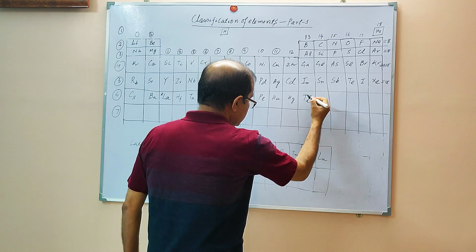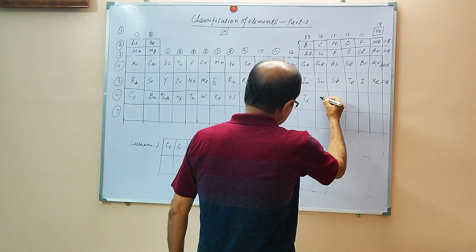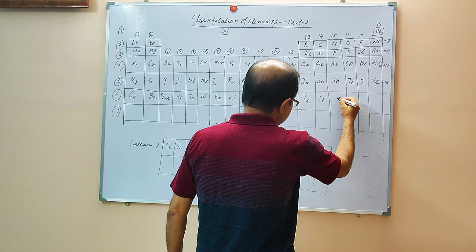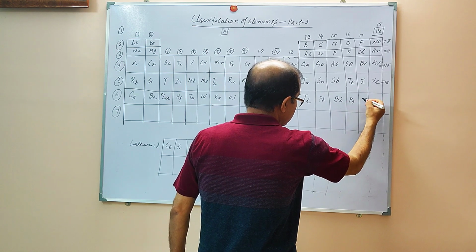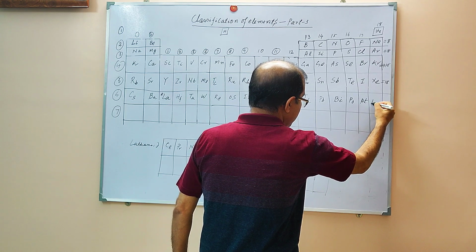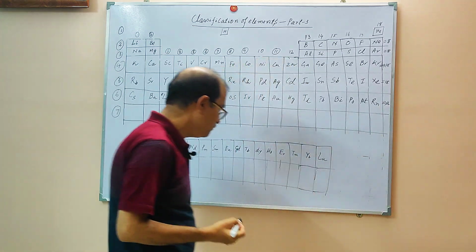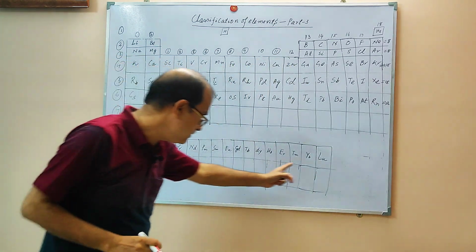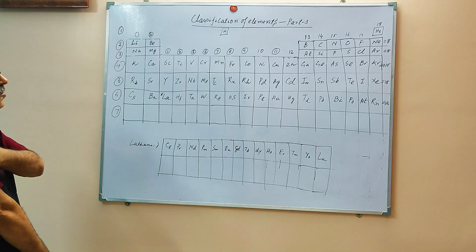After this thallium, then Pb, then bismuth, then polonium, then At, and after this you get radon. So you will find the 32 elements. Here it is 14 elements, and here it is 32 elements.